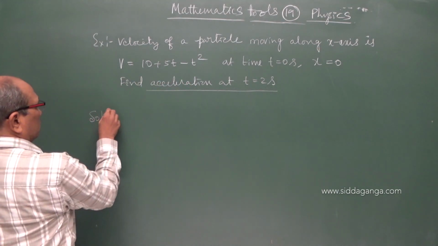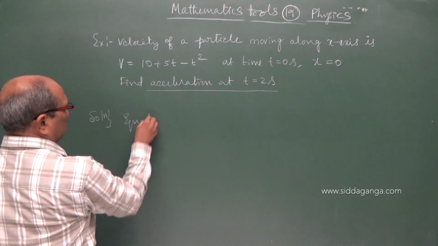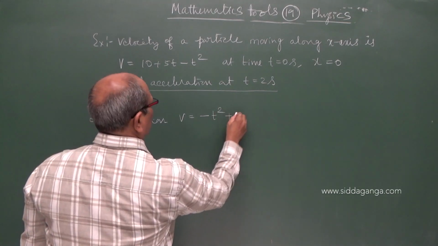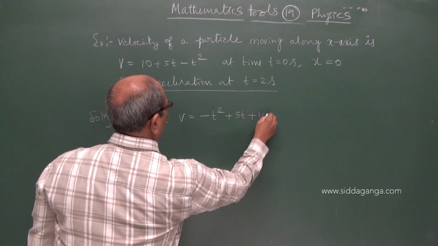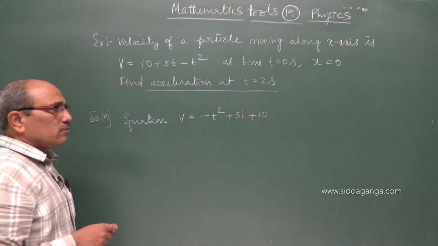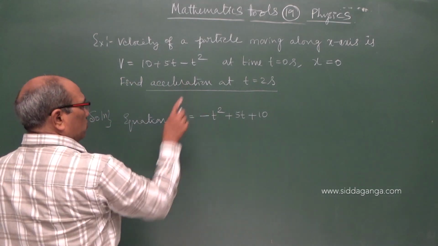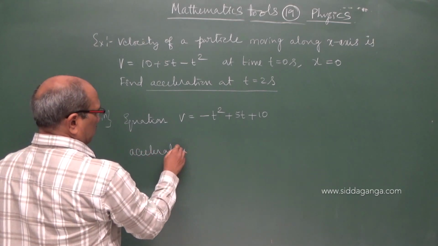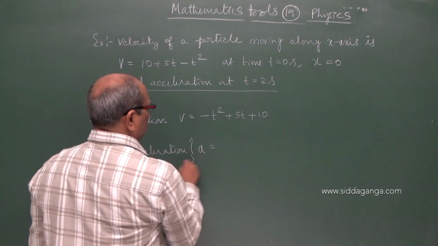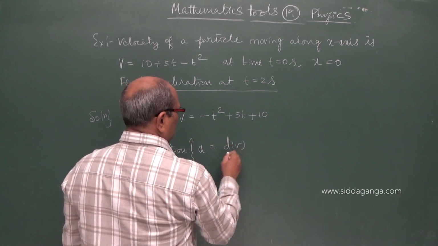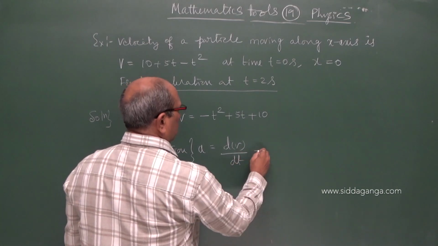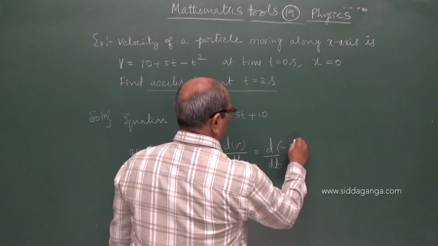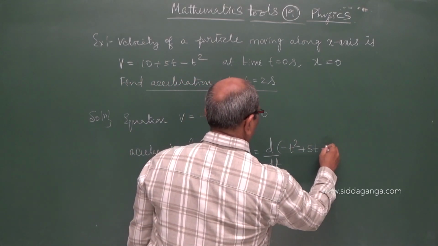In solution, if you take the equation v equal to minus t square plus 5t plus 10, but you want acceleration. A is equal to first order derivative of velocity with respect to time, that is d by dt of minus t square plus 5t plus 10.